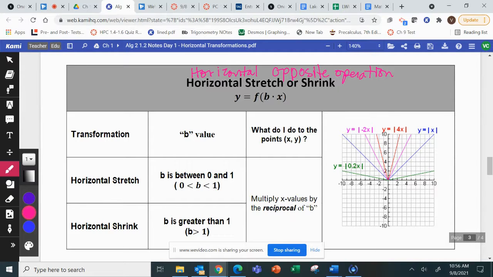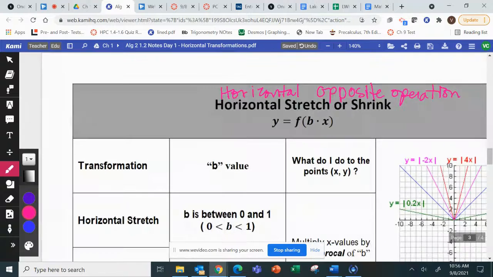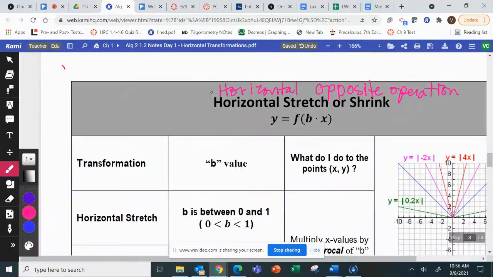We've already learned that horizontal is always the opposite of what you would think, so I'm calling it opposite operation. Now this table explains stuff, but I like to explain it with actual examples. So I'm just going to make some up. If I have y equals absolute value of 5x, the 5 is inside the absolute value, that's going to say this is horizontal because it's inside.